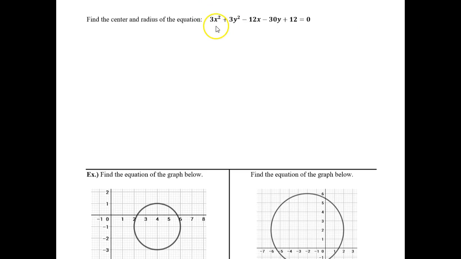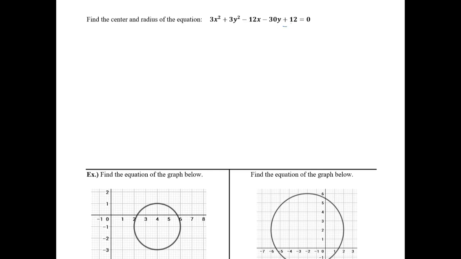So we have this equation, 3x squared plus 3y squared minus 12x minus 30y plus 12 equals 0. We want to find the center and the radius. So we can identify that this is a circle because we have both x squared and y squared in our equation. And so the goal is to get it into standard form to be able to pull out that information.